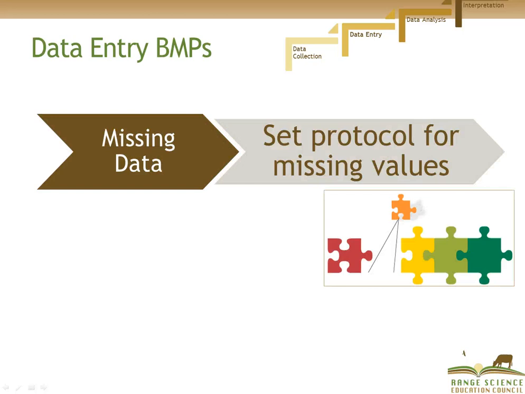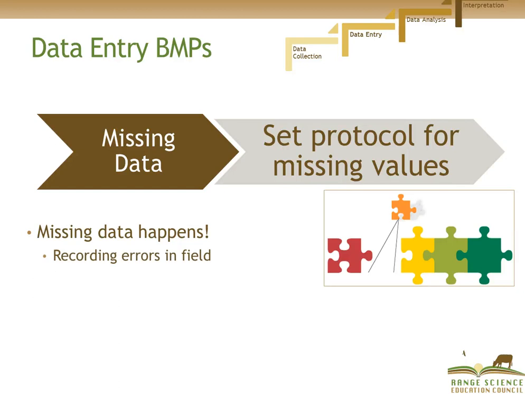We also need to have a set protocol for dealing with missing values. And this is because missing data happens. We're human, and recording errors do occur in the field. Also, we can have missing data if someone miscalculates the number of sampling units.